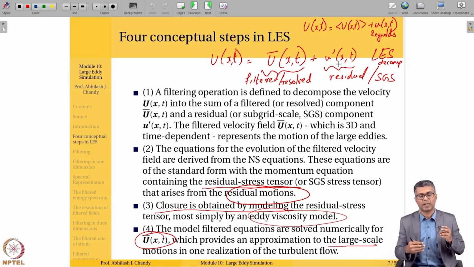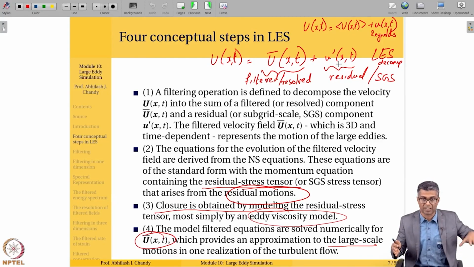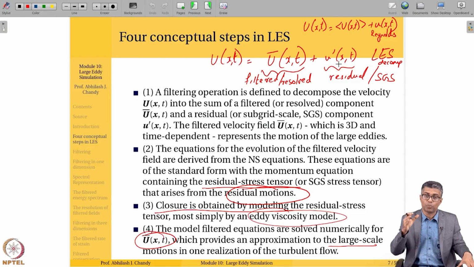The second step involves using the defined filter to filter the Navier-Stokes equations. When you do that, you get what we call the filtered Navier-Stokes equations, which are 3D of course and transient, the unsteady filtered Navier-Stokes equations. In the Reynolds decomposition, you divided into mean and fluctuation in time, and when you took a time average of the equations, you got the steady state equations, the time averaged equations.